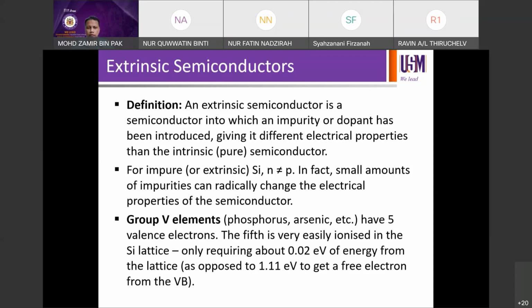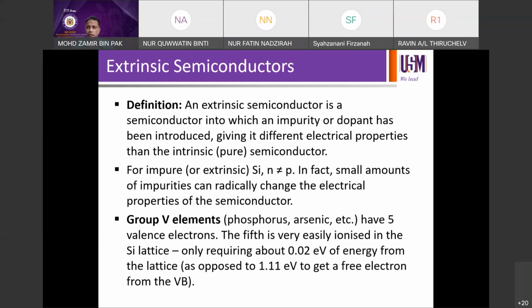The conductivity of the intrinsic semiconductor is given by its original properties. On the other hand, extrinsic semiconductors have dopants introduced into the lattice in order to alter its conductivity.